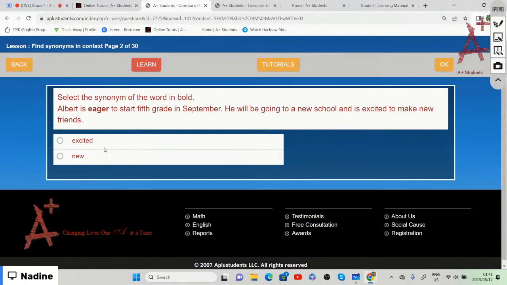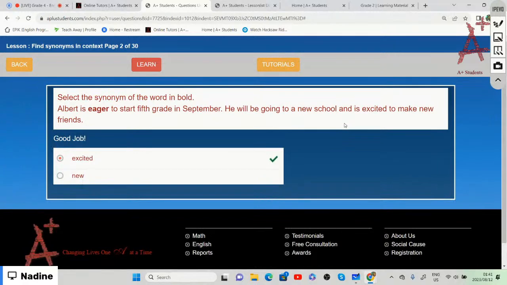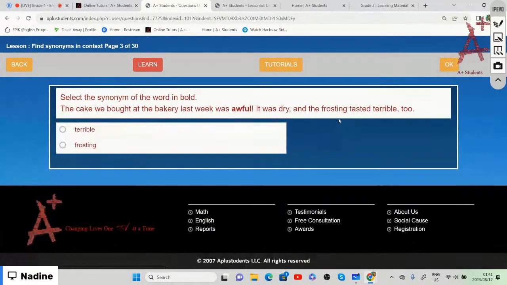We need to find the correct word that is similar in meaning to eager. So another word for eager is excited. He's excited to start fifth grade in September, because he will also be making new friends.